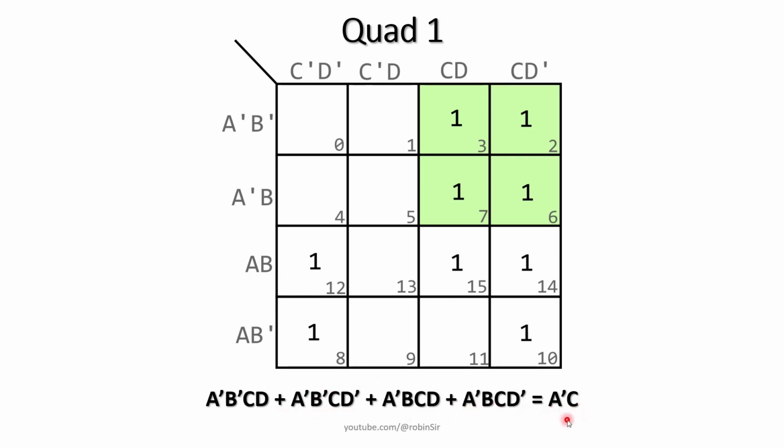We simplify this quad. So we see that in this SOP, A0 is one variable which is not changing, and C is another variable which is not changing. That's why the reduced term will be A0C.